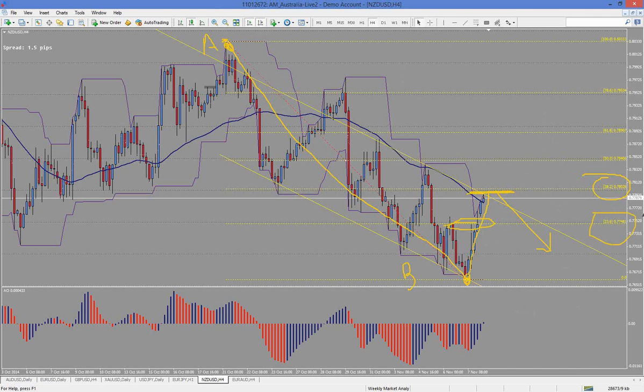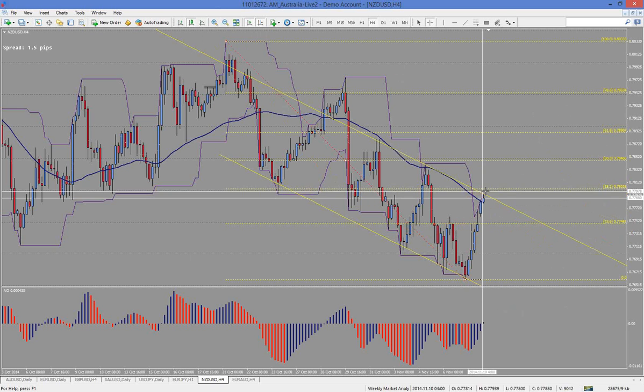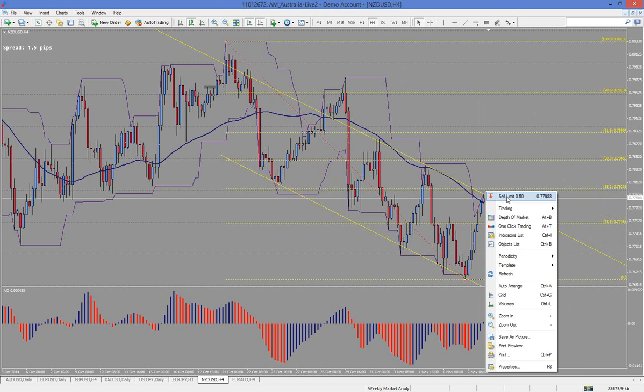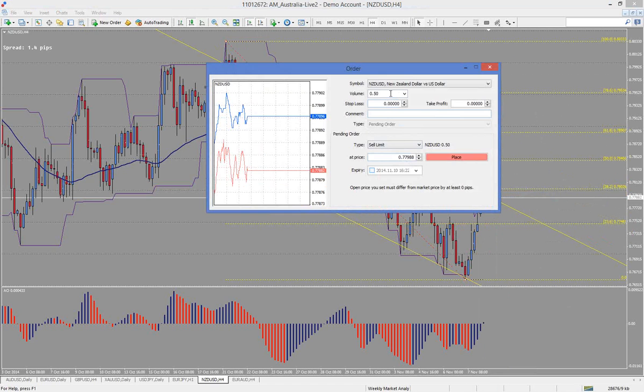Okay, I'm going to place it. Done. Let's do it. Okay, I'm going to try and jump it at 78 even. Which will make my stop 79.20, and it'll make my target 77.60.